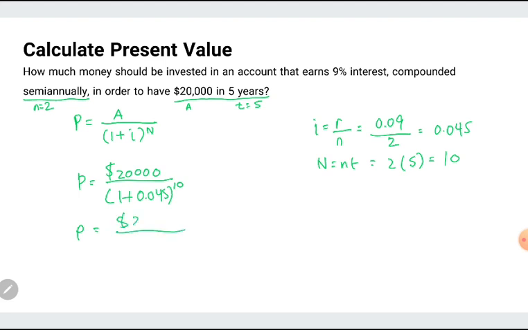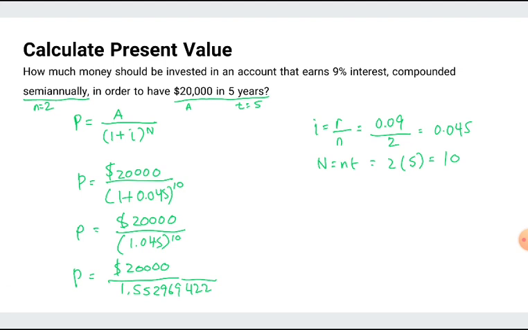So let's just copy the divisor. This is 1.045 raised to 10. Now what is that? That's equivalent to 1.552969422. We use that to divide.